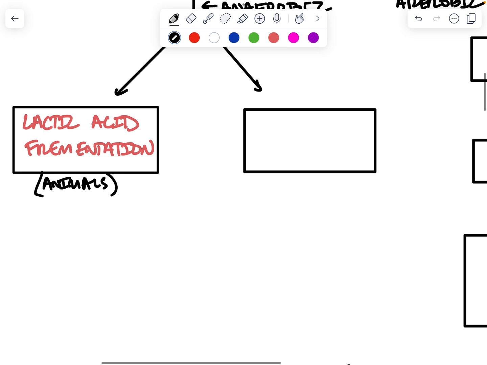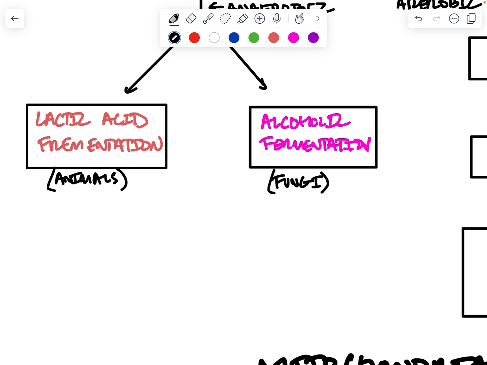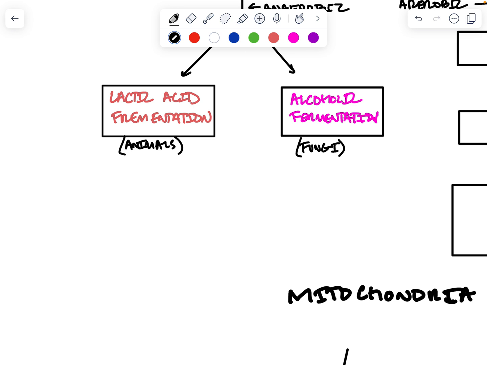The other type is called alcoholic fermentation. And an example of an organism that does this would be yeast. So fungi do alcoholic fermentation. Both alcoholic fermentation and lactic acid fermentation occur in the cytoplasm.